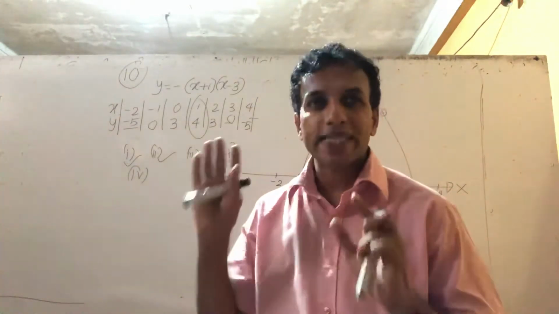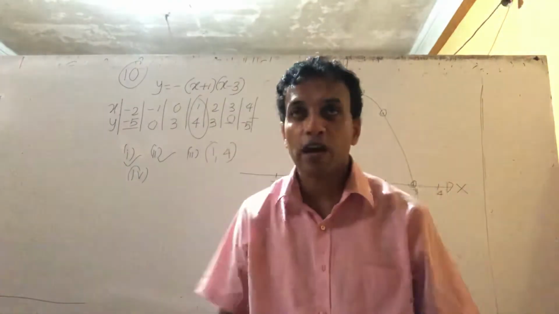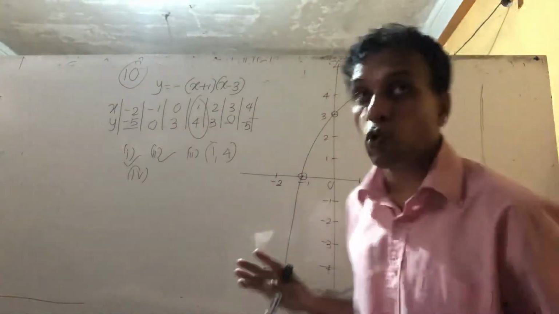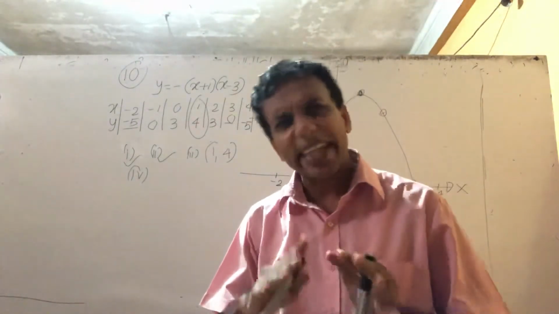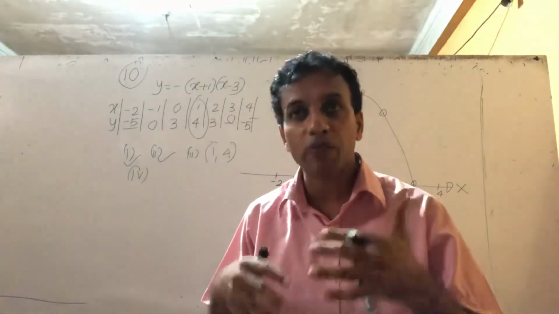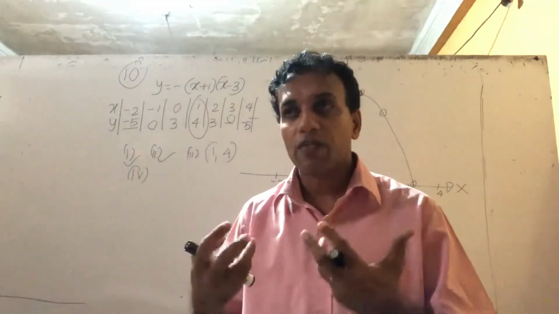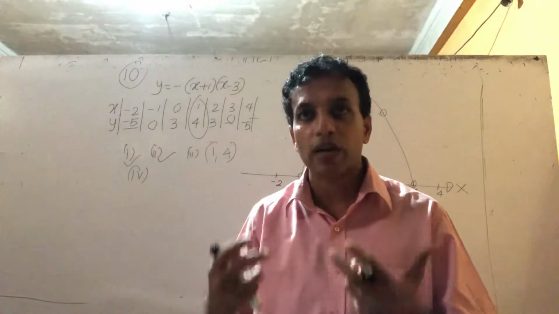So you know the maximum value by observing the graph. Maximum value is 4, right? There's another way to verify. What do we mean by verify? It means we check whether the answer is correct or incorrect, right?